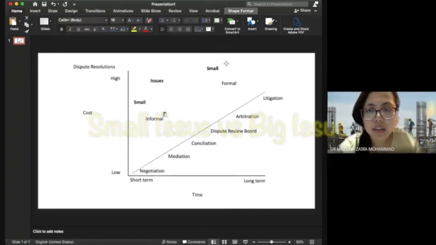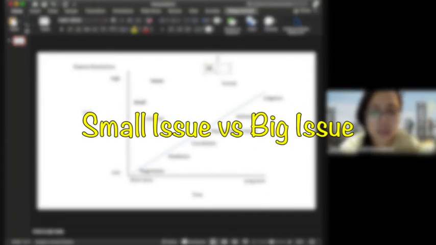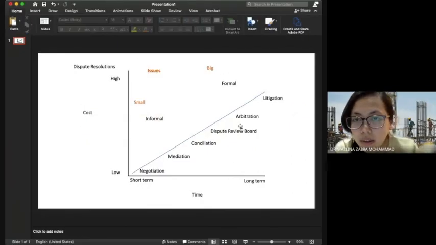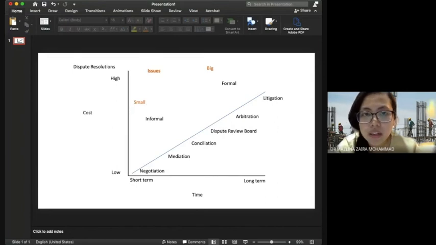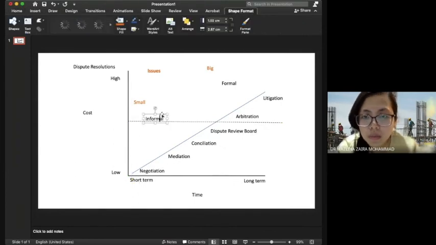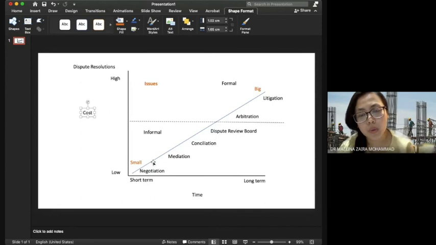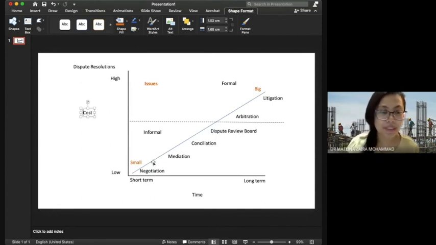And here is a big issue, that's why they have to go to the court. Actually informal should be made up until here, maybe with one more line so that you can make it different. Small issues they can solve by negotiating. Both parties can still consider, so they can solve it because it is a small issue.